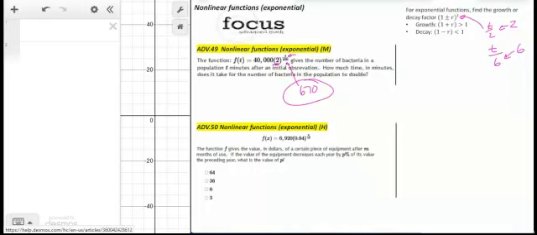Okay, so again, if we look at this second example here, it asks us if a certain piece of equipment decreases in value every m months. Notice this one is asking us for months, and then it asks how much the value decreases each year. Well, each year is 12 months.